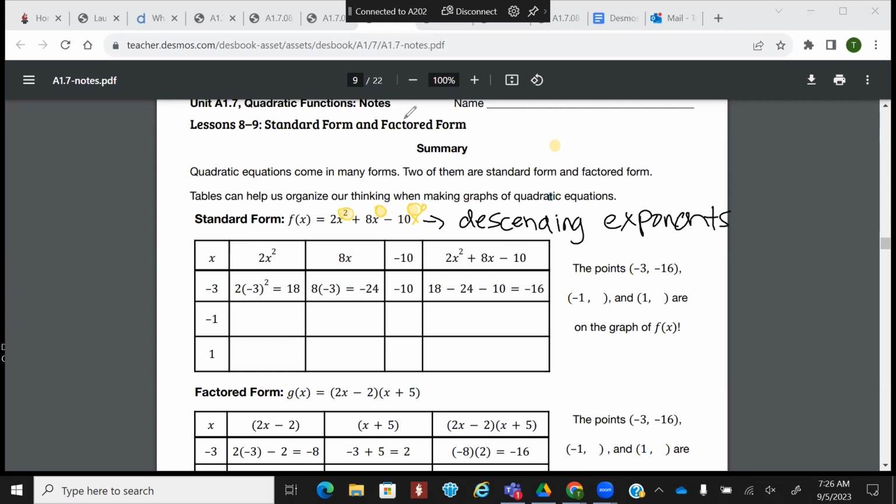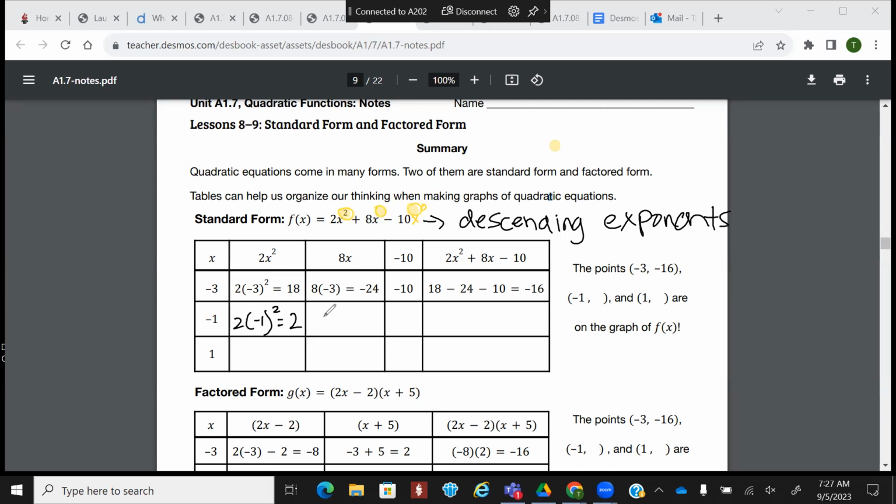Okay, so what we're going to do is we're going to take negative 1, and we're going to plug it in for each piece. Okay, and then we're going to combine it to get our last piece. So if I take negative 1 and I plug it in, what am I going to get? So negative 1 squared is 1, and then 1 times 2 is 2.